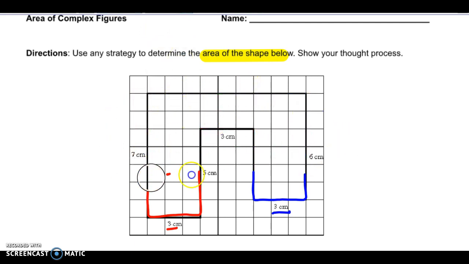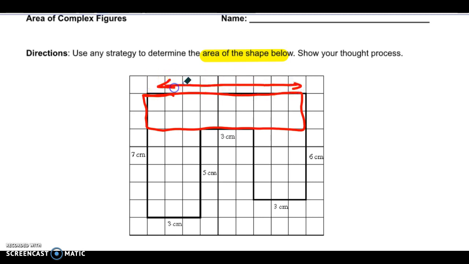Just maybe a different way that we could have split it up to help us get that final answer again without the grid. So what if instead of that way, I tried splitting it this way, and I split it to be a nice little rectangle up on top. Then I notice that I don't have this dimension all the way across the top. Again, because we have the grid, we could find it.